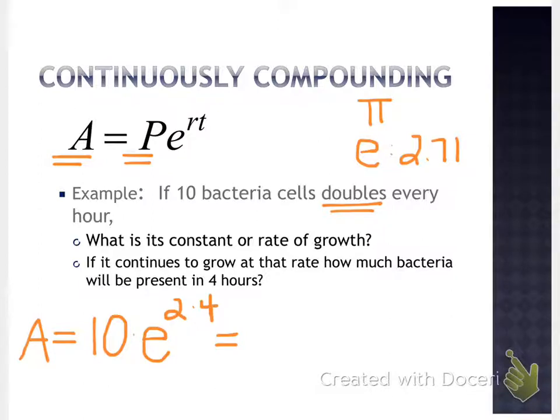So you're going to see the base of e, and then you're going to see how the cursor is up in the exponent. Please, again, do not use the alpha button for the letter e. So 10 times e to the 2 times 4, which is to the 8th. So my A value is going to be 29,809 cells.